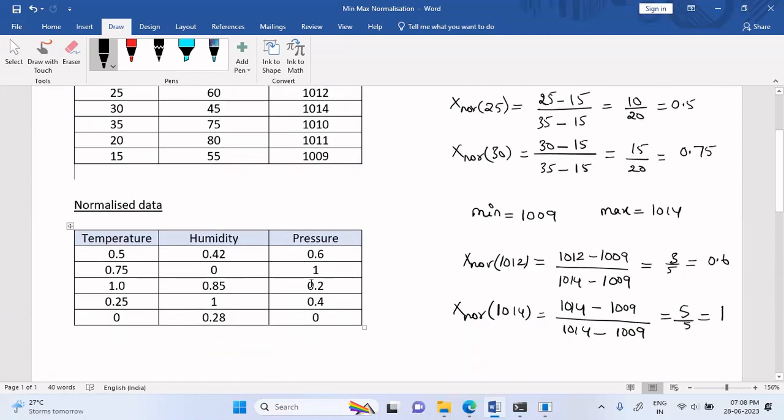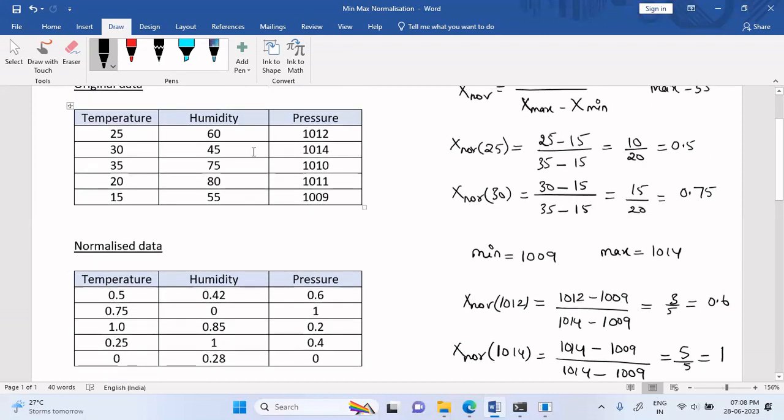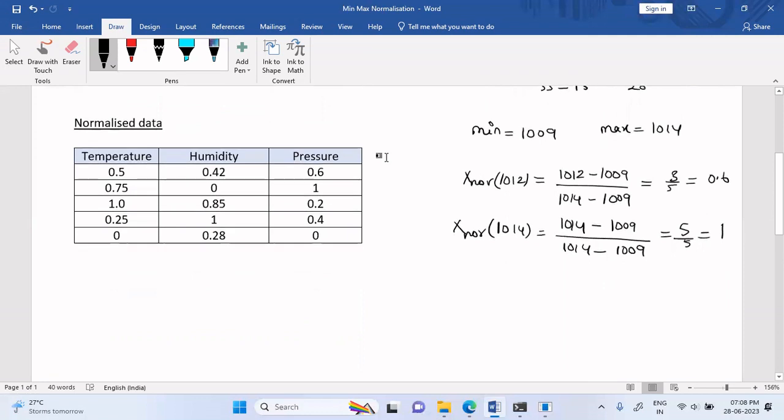If you observe here, all these values are between 0 and 1 only. If you apply min-max normalization on a particular dataset, we will get normalized values from 0 to 1.